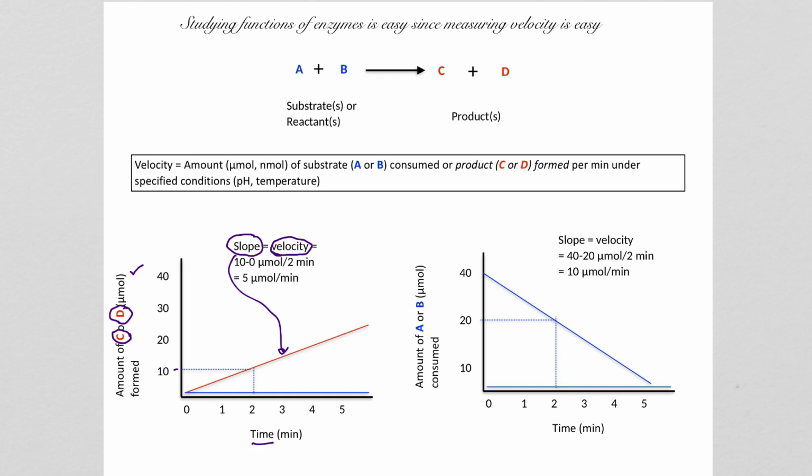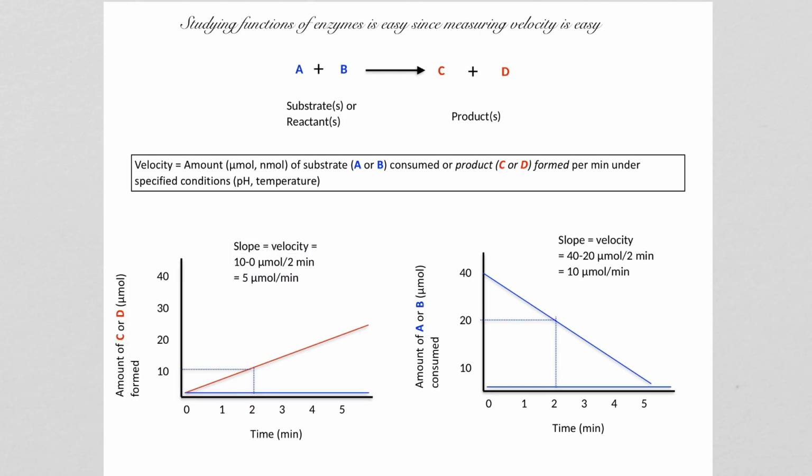You can see that the amount of product increased by 10 micromoles in 2 minutes. So 10 micromoles divided by 2 minutes will give us 5 micromoles per minute. So basically the velocity of this reaction is 5 micromoles per minute.